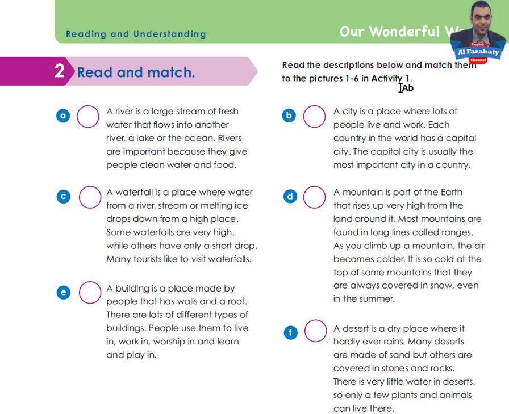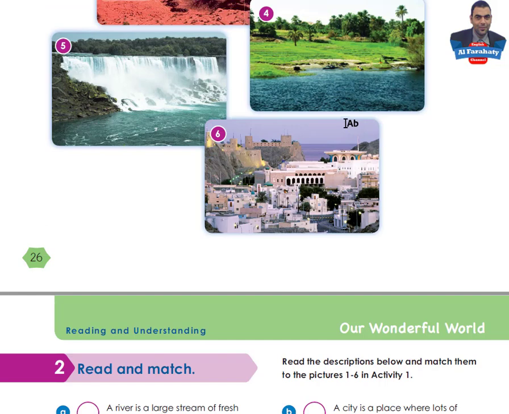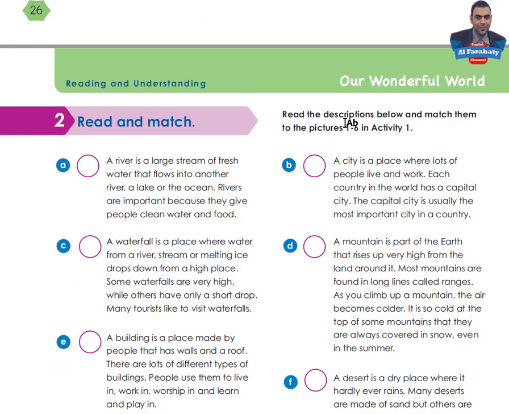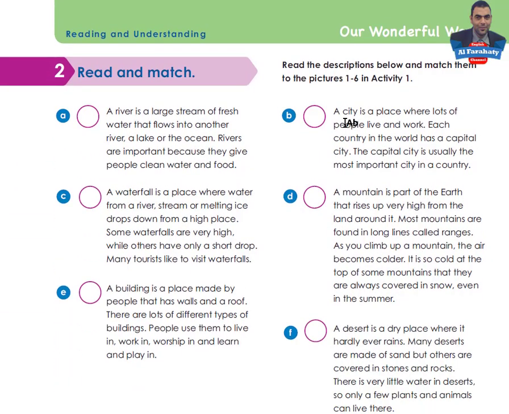Then you are asked to match them to the pictures 1 to 6 in Activity 1. But before we start reading, let me remind you of something. You are asked to underline any difficult words and look them up in dictionaries in order to know the meaning of these words.